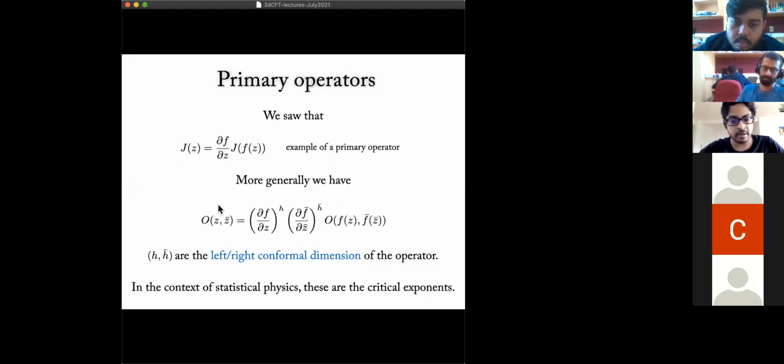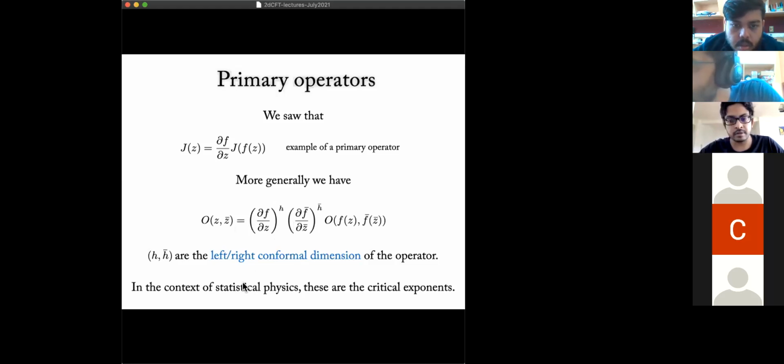And more generally, you can have primary operators that transform under conformal transformations with some holomorphic part, which is this, and some anti-holomorphic part, which is this, and this h and h bar over here are the left and right conformal dimensions of this operator, or the holomorphic or the anti-holomorphic conformal dimensions of this operator.